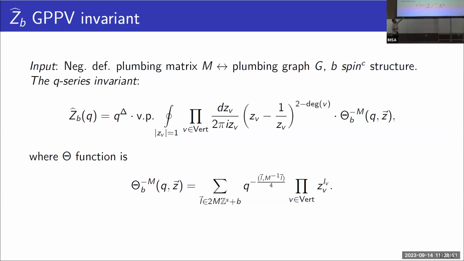Then there is a rational function, (z_v minus 1 over z_v) to some power depending on the degree of the vertex. And finally, there is this big theta function, with a quadratic term q to something quadratic depending on a vector in the lattice, and z_v to the l_v.